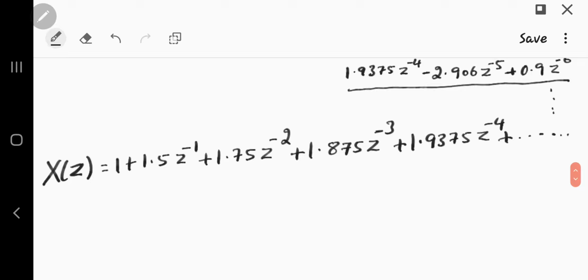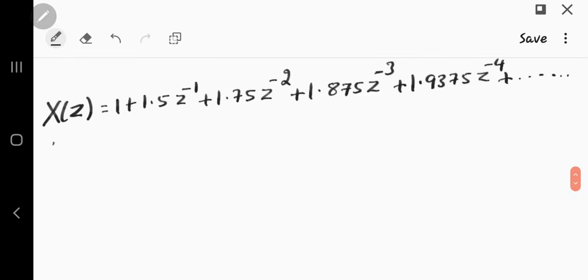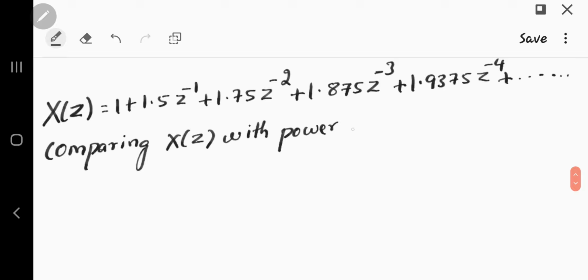Now this is the power series expression. Now comparing x of z with the power series expression.